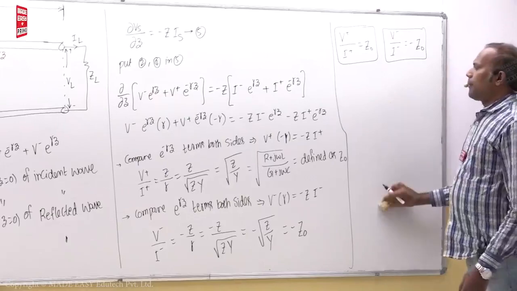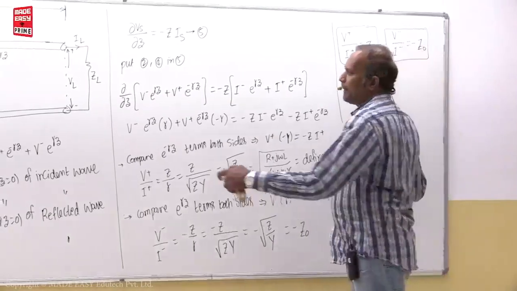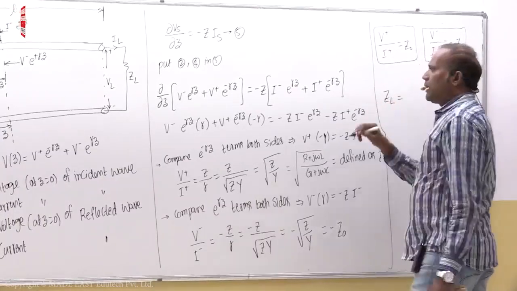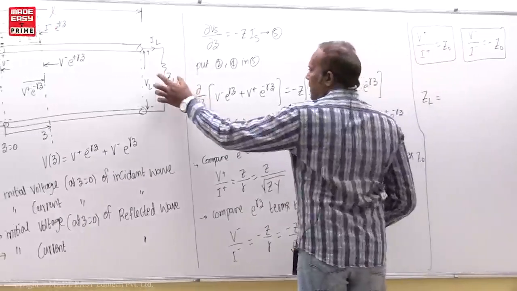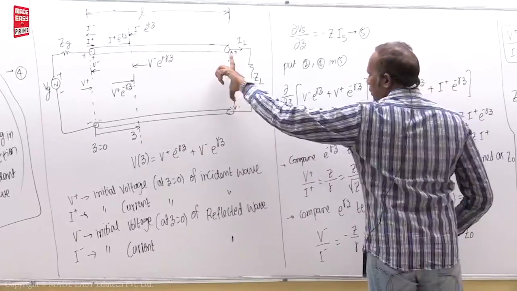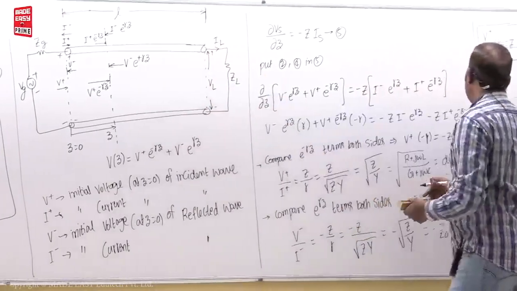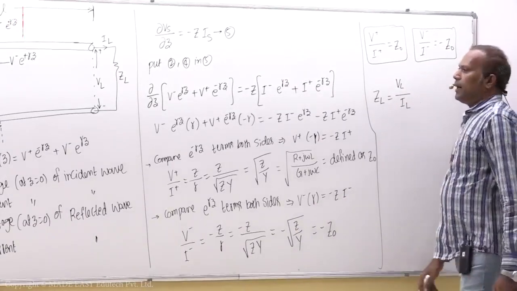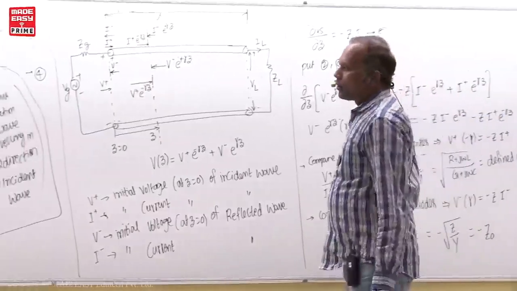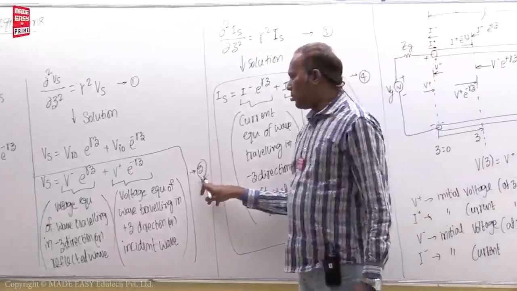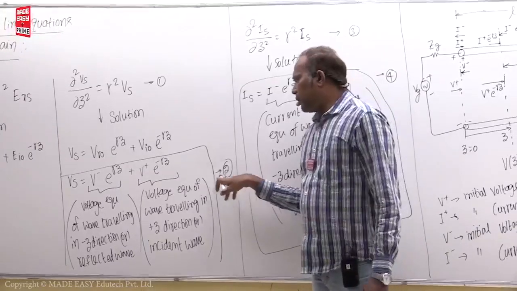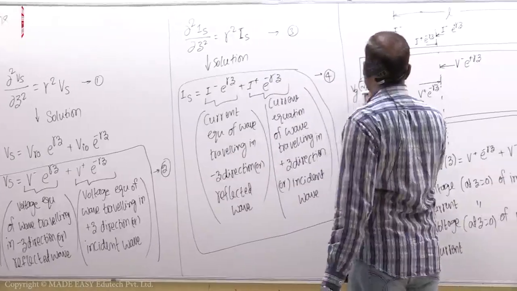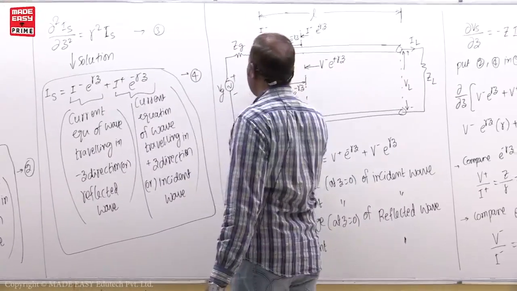Okay, now from this, what is ZL in terms of voltage and current? Load impedance is equal to load voltage divided by load current, like network theory. So VL divided by IL. In equation number 2, if you substitute Z equal to L, then total voltage at the load is incident voltage plus reflected voltage, that is V plus plus V minus.